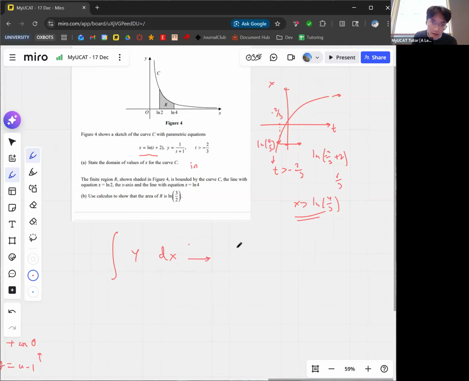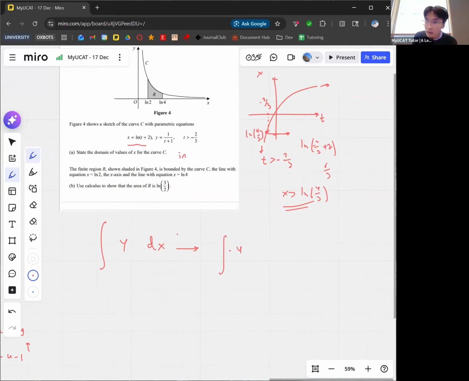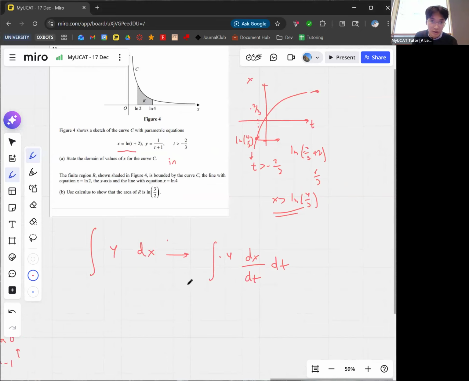You can look at this and see that this is similar to doing y dx over dt dt. Now I know that you shouldn't be thinking about this as fractions, but you can see that they kind of cancel out the dt's. And so from here, you just go straight into here.